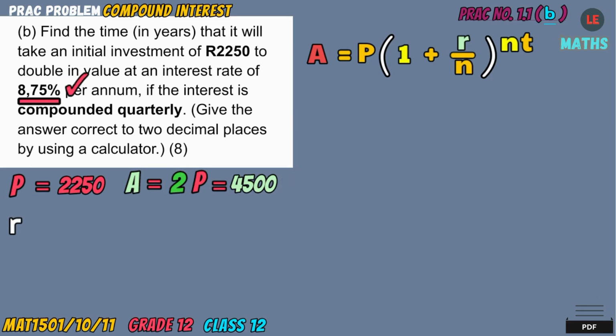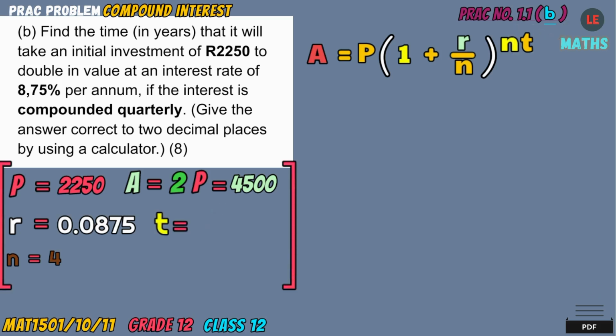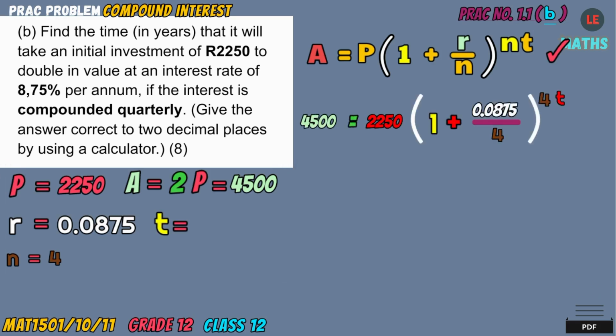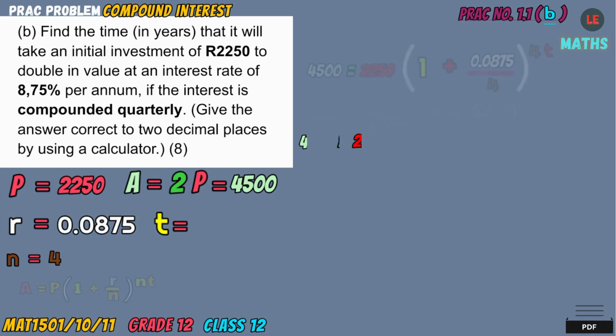The interest rate is 8.75%, divided by 100, to get the interest rate in decimal. It is said that the interest is compounded quarterly, which means the N is 4. The period is the time that we are looking for. Then, we put all these data into this compound interest formula. The t will remain unknown.